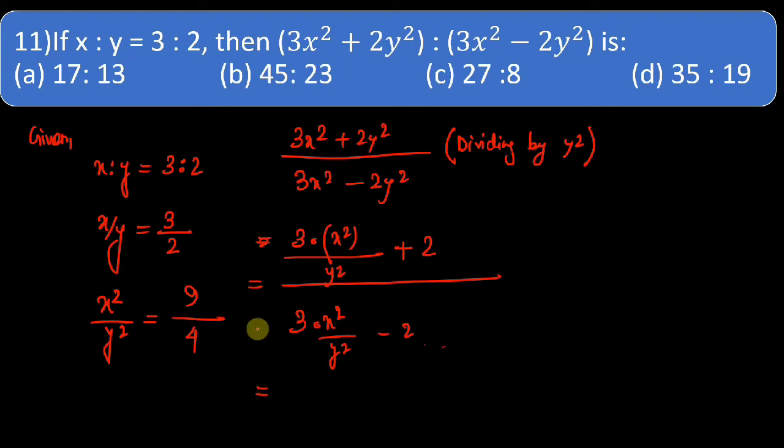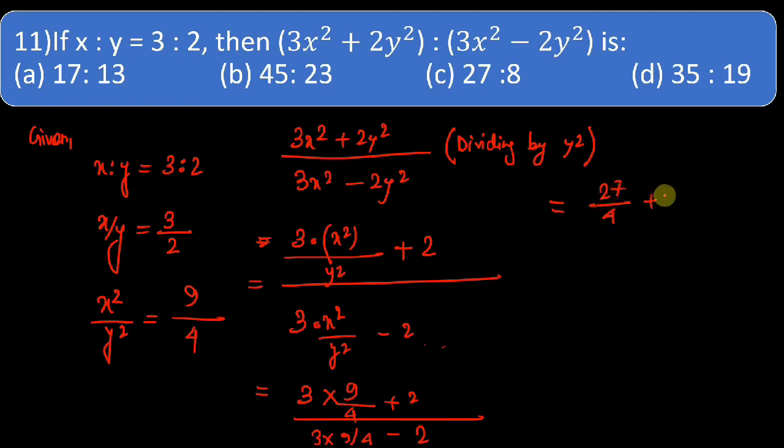So the x square by y square we get as 9 by 4. We substitute, and get 3 into 9 by 4 plus 2 by 3 into 9 by 4 minus 2. So we get 27 by 4 plus 2 by 27 by 4 minus 2.